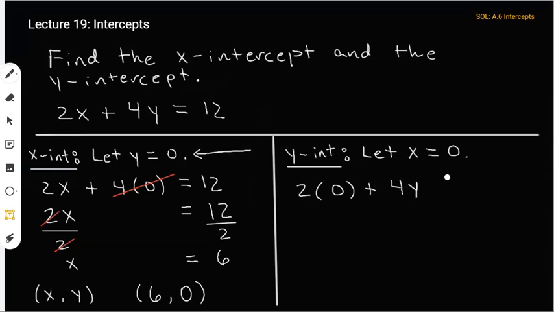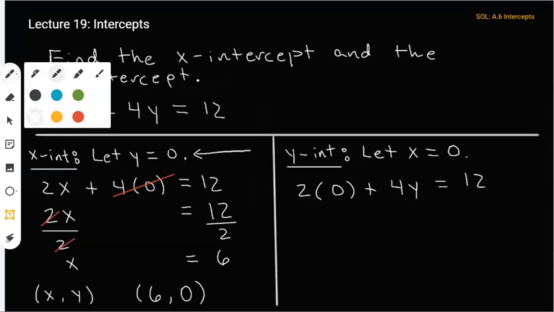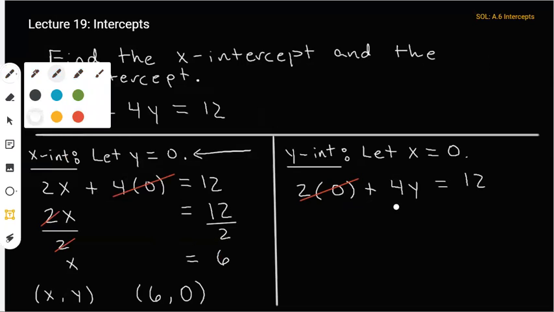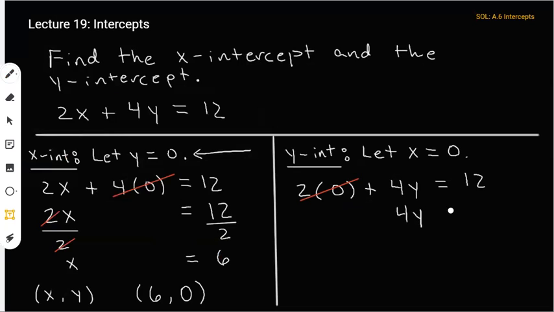But I'm going to keep everything else the same. 2 times 0 is going to give me 0. So I can cross this term out. So I'm left with 4y is equal to 12. So now what can I do to both sides to get y by itself? Yep. I'm going to divide both sides by 4.